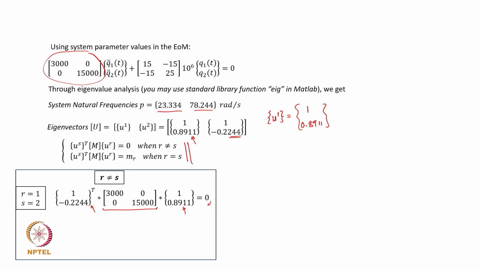Okay. You may not get exact 0 because of the rounding errors, but you will get very close to 0. Look at that in relation to the numbers in the matrices. So, the product is nearly 0. If you use all the digits, maybe it will be almost 0.